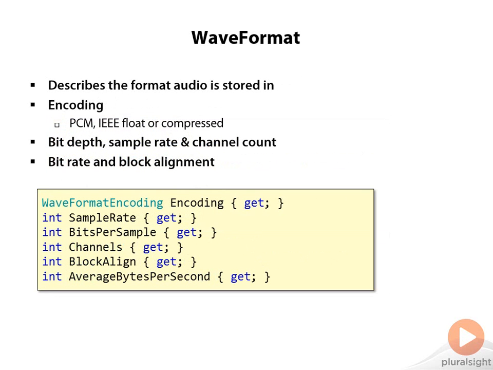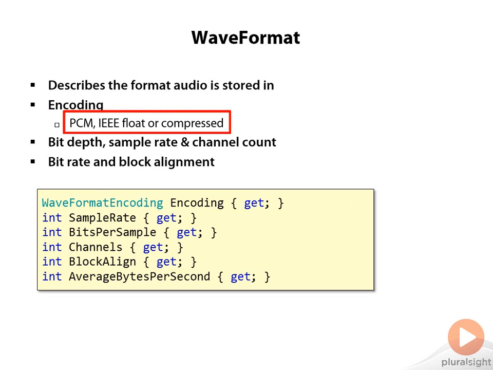In NAudio, the WaveFormat class is the class used to describe the format that the audio is stored in. It contains a number of useful bits of information. The first thing is what encoding are we dealing with, and this is represented using the WaveFormatEncoding enumeration. The most common two values that this will have will either be PCM or IEEE floating point.